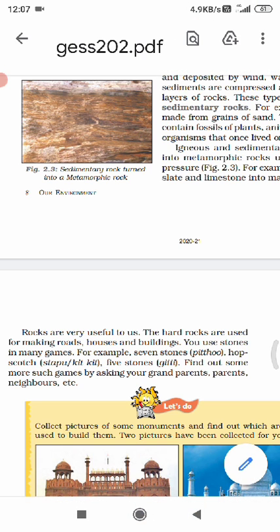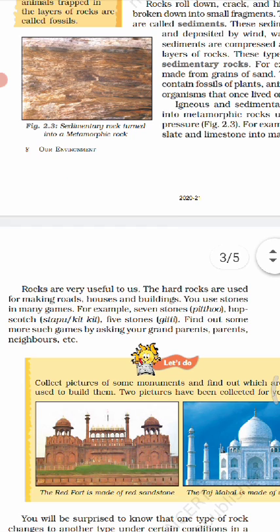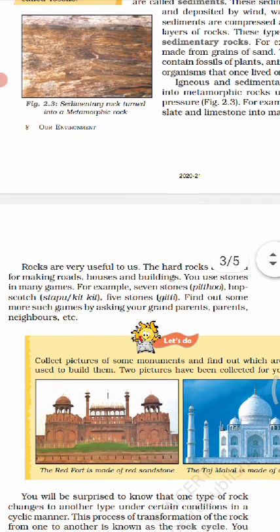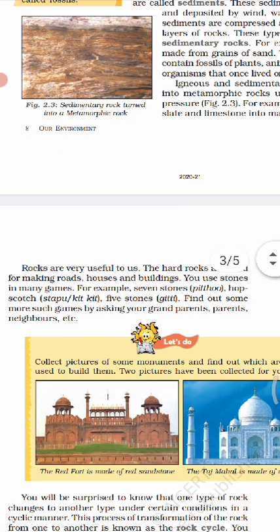Then the stones are used in grinding. As we have just read, these grinding stones are an example of intrusive igneous rocks. So in grinding grains or spices, etc. Rocks are also used in making talcum powder.